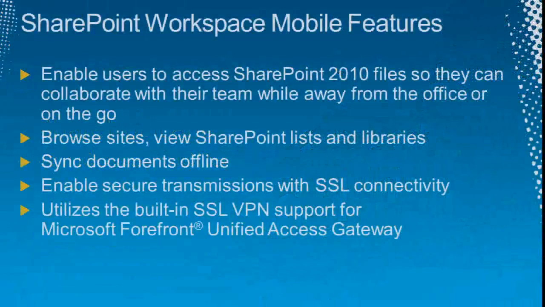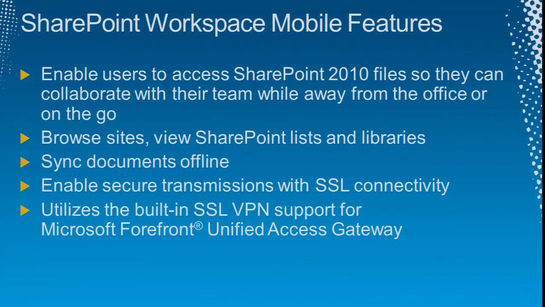All right, so we're going to move on to SharePoint features. The SharePoint capabilities in Windows Phone 7 are straightforward. The SharePoint client is built directly into Office, and it's basically a UAG client which provides support via forms-based auth back to your organization.